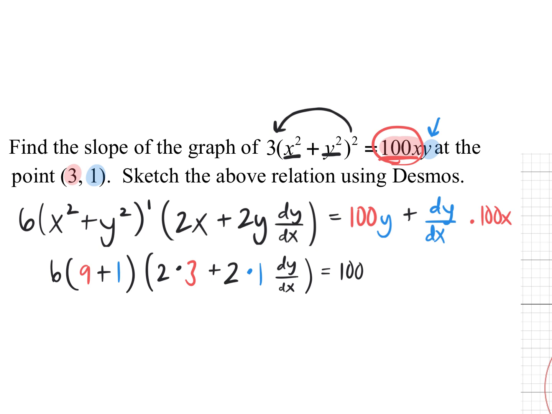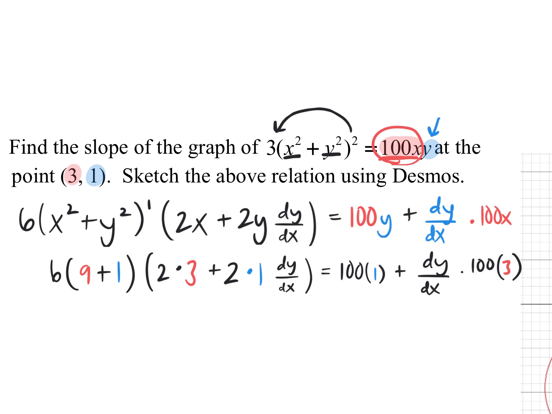And then on the right side, I've got 100 times 1. And I don't know what my dy/dx is, so that's going to stay there. But then I've got times 100 times 3. Okay, so let's simplify this stuff.